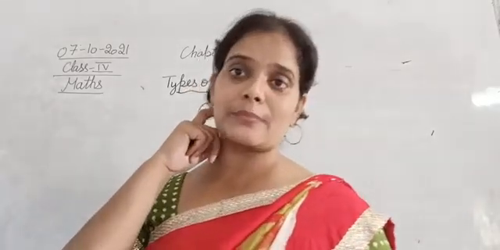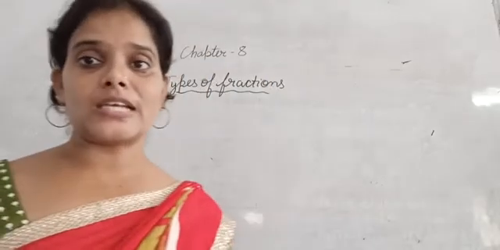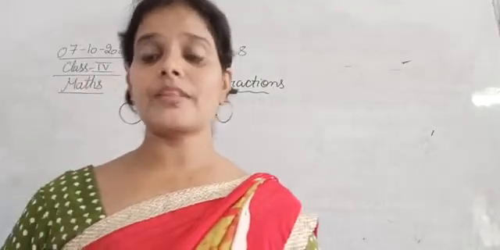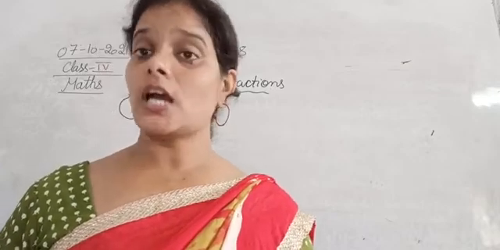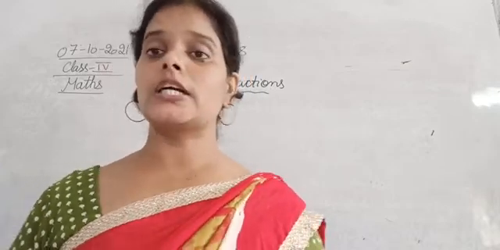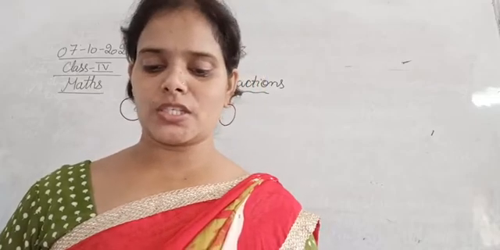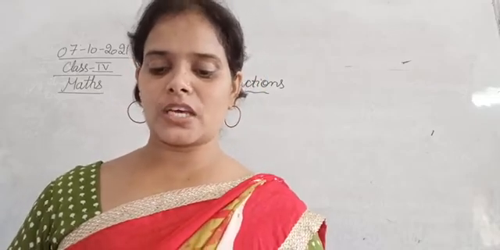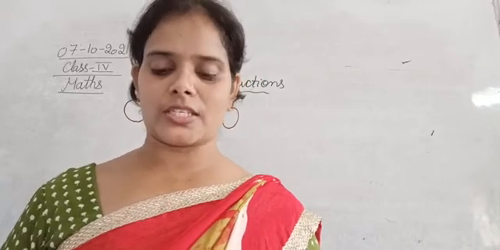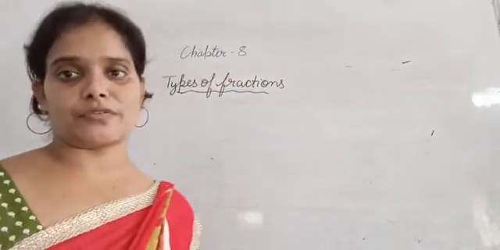First of all, I'll elaborate the names of the various fractions. The first is like fractions, second unlike fractions, third is unit fractions, fourth is proper fractions, fifth is improper fractions, and the sixth is mixed fractions.